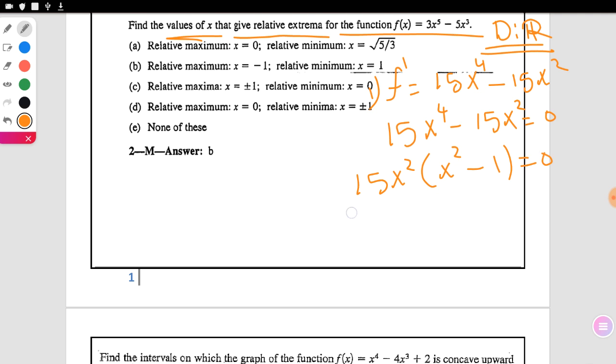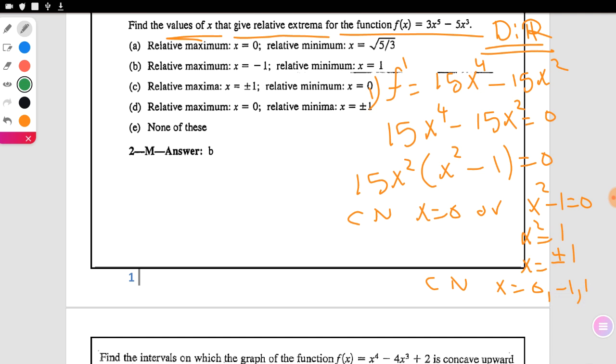Critical numbers: x equals 0, or x squared minus 1 equals 0, so x squared equals 1, x equals positive or negative 1. So the critical numbers are x equals 0, negative 1, 1. Then use the test as you know. Here negative infinity, and here infinity.